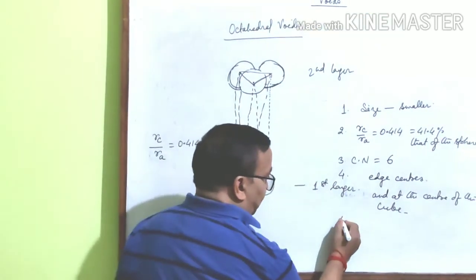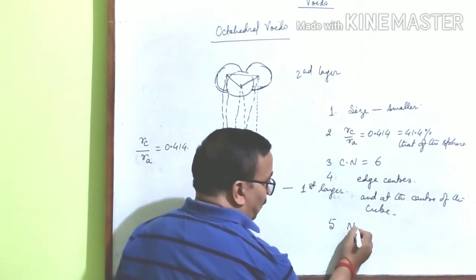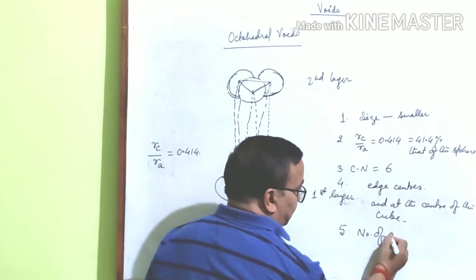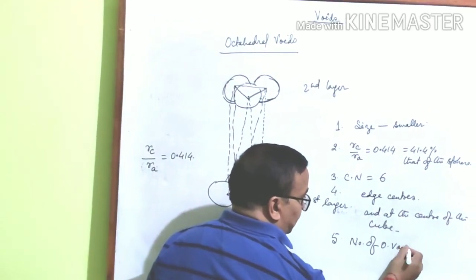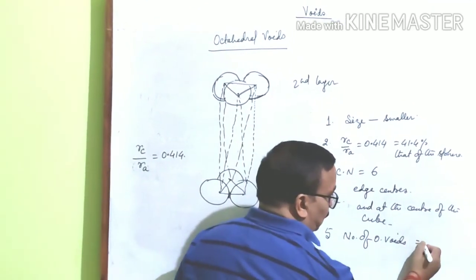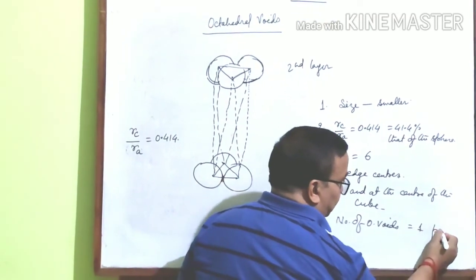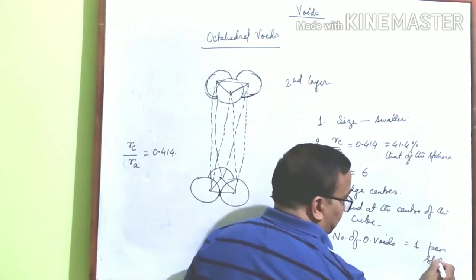And number 5, the number of octahedral voids is always equal to 1 per sphere.